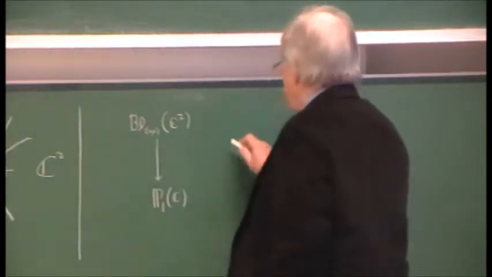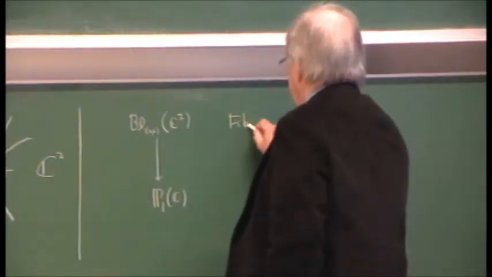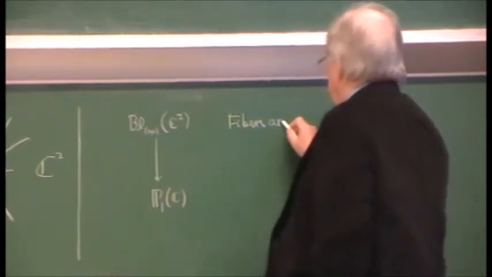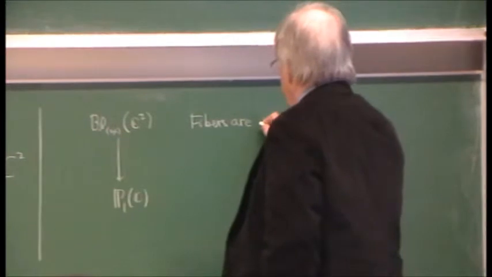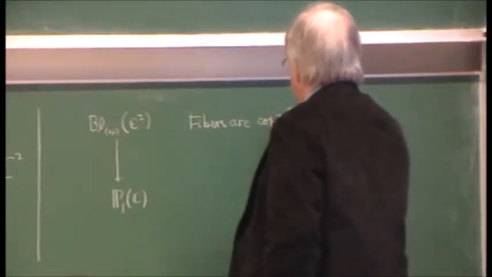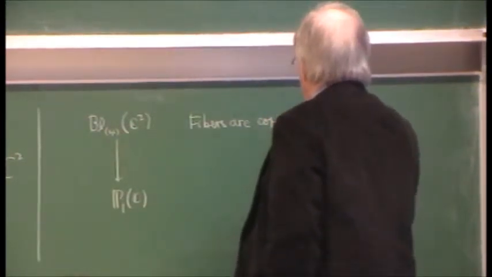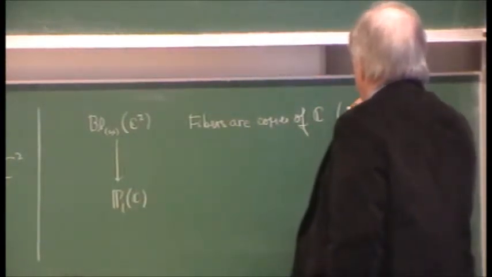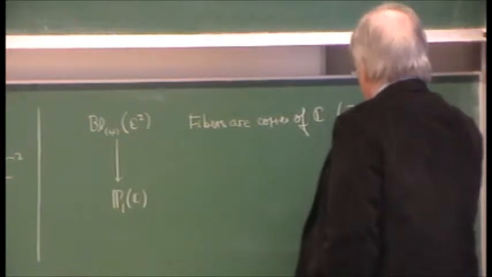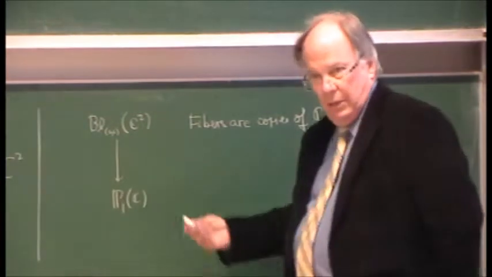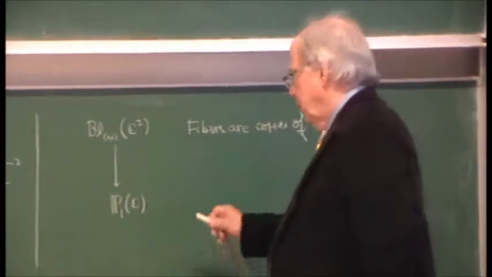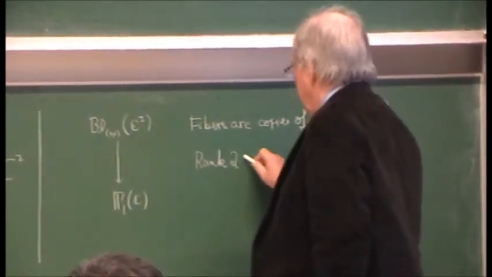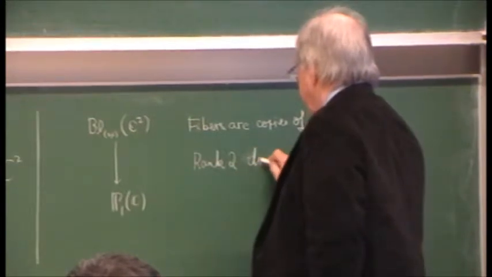So the fibers are copies of C. So that's a complex line, which are copies of R2. Obviously. So this is a rank 2 differentiable vector bundle.